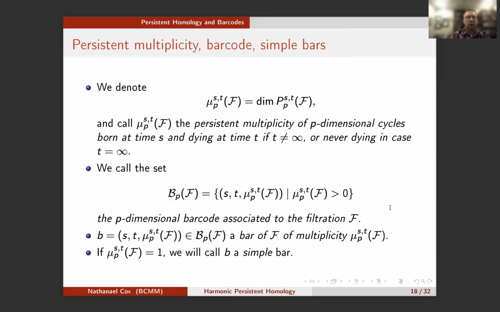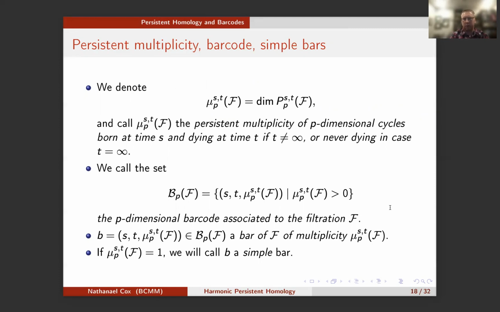And once we have this, the dimension of this P_p^{s,t}, which we'll denote by mu, here is the persistent multiplicity of p-dimensional cycles. And this second set, B_p of F, captures the birth time, the death time, and the multiplicity of the cycles.